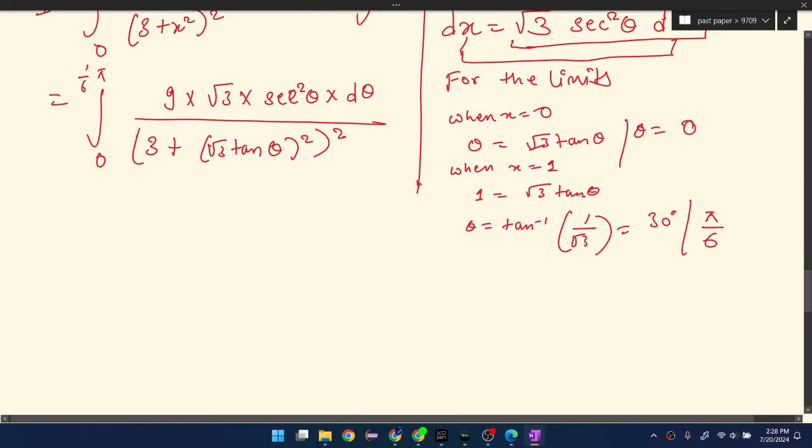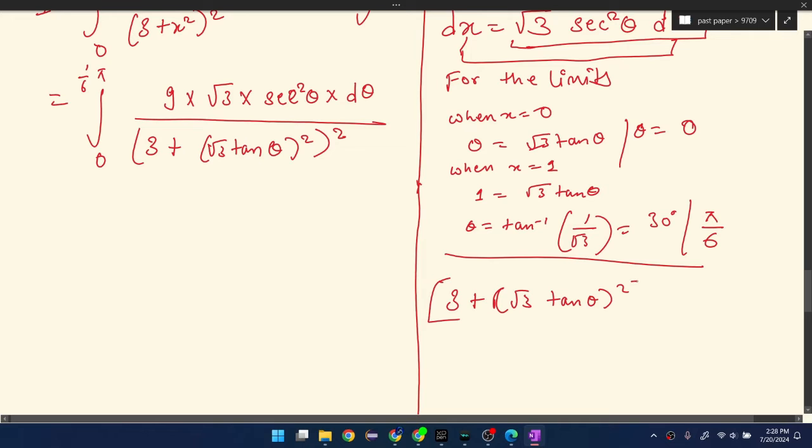First and foremost, let's just solve the denominator. I'm doing this separately, but you can do this in the same space because we have to conserve space in the paper. So we have (3 plus root 3 tan theta) whole squared, right? So we can write something like (3 plus 3 tan squared theta) whole squared.